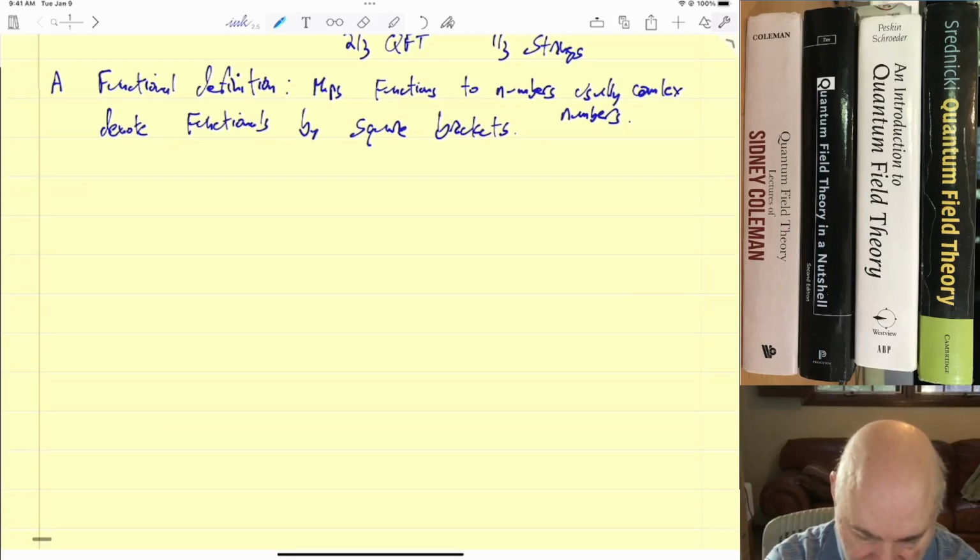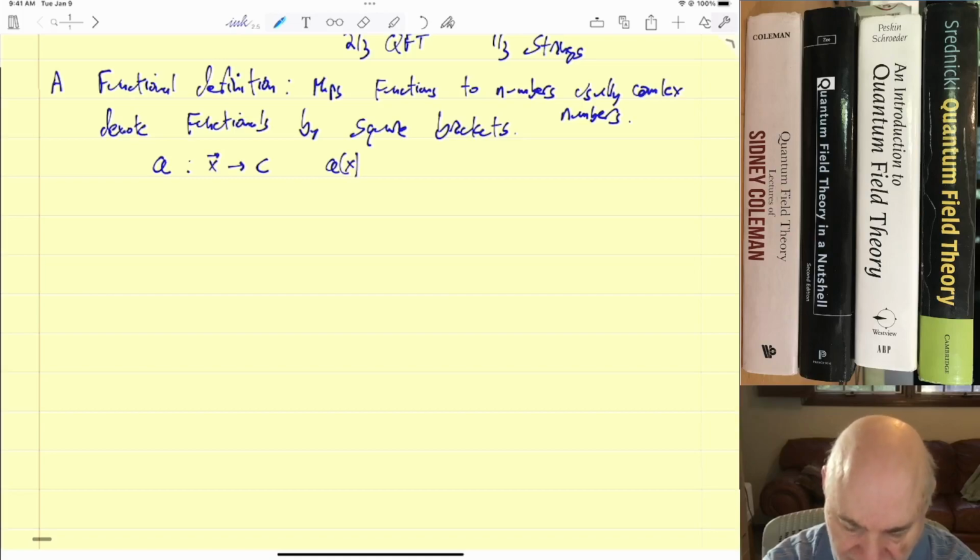So if we have a function a on space, which has vectors, let's say x, and it maps to complex numbers, this means that a of x, the function a evaluated at x, is in C. A functional of a, on the other hand, maps the whole function to C. So, for example, you might have something like f of a. This is just one example.